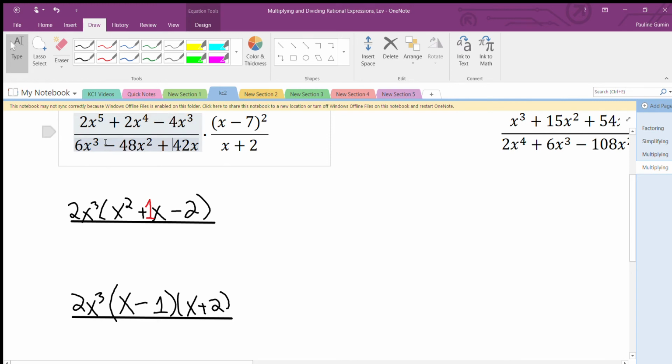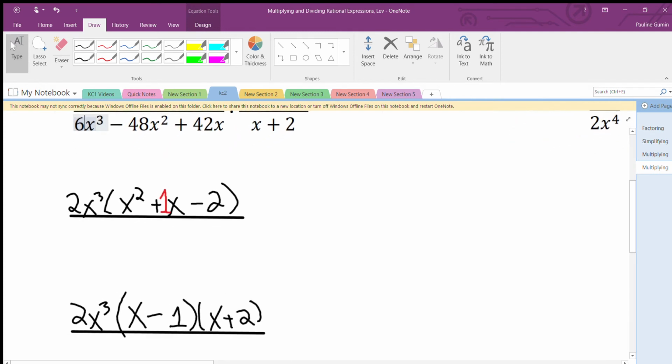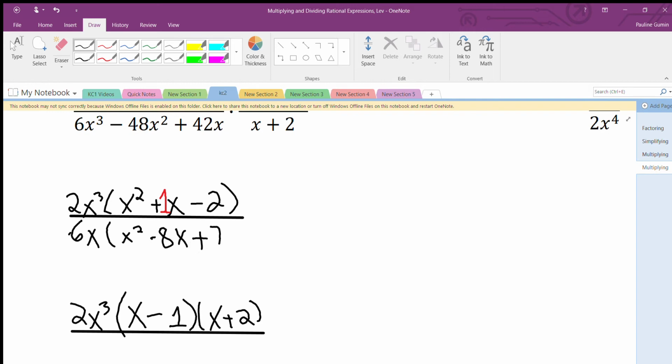Okay, let's check if it has a greatest common factor. Aha, it does. The 6 is a number that I can divide everything by, and I can also factor out an x. So 6x is my greatest common factor. Let's divide it. Beautiful.